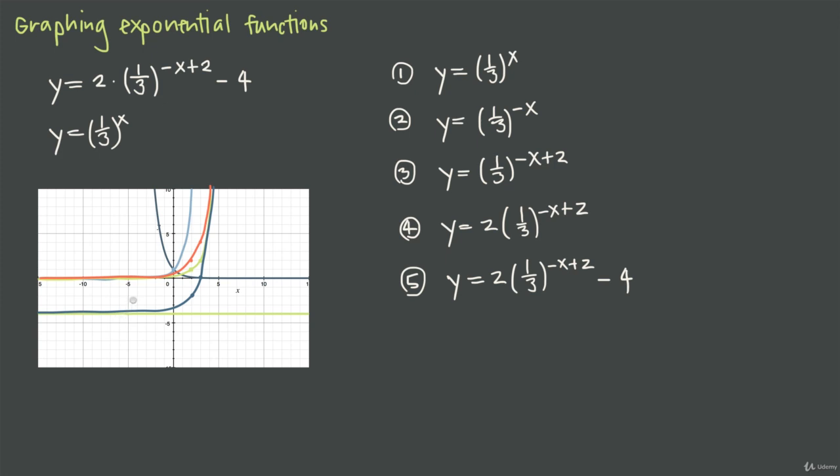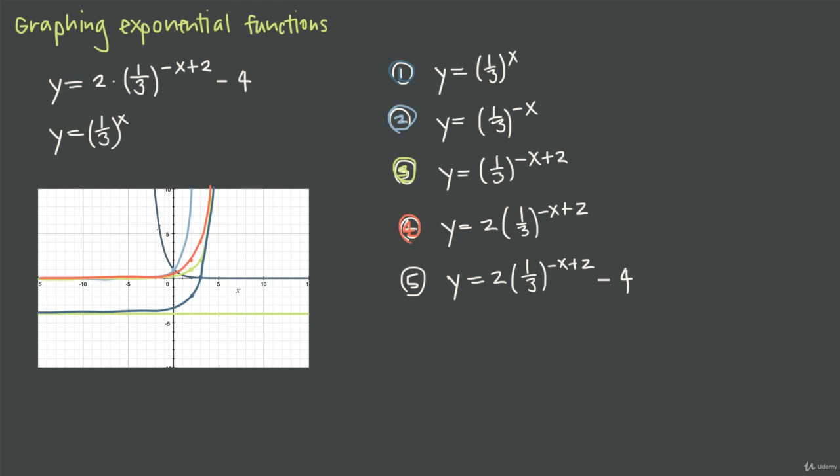And so what we said then was that we started with this initial curve, this number 1 curve here, of y equals 1/3 to the x. We knew that this curve was the mirror image of that over the y-axis, that this curve was shifted to the right by 2 units, and that this curve got stretched by a factor of 2 vertically.